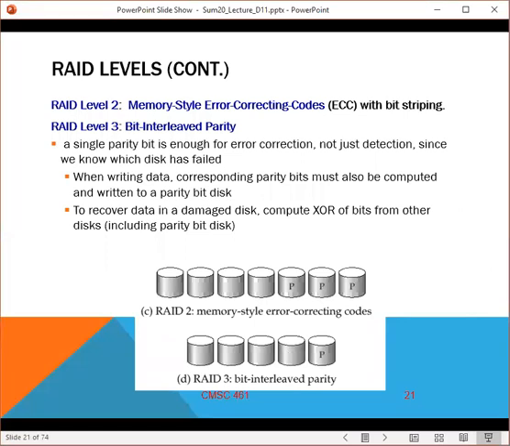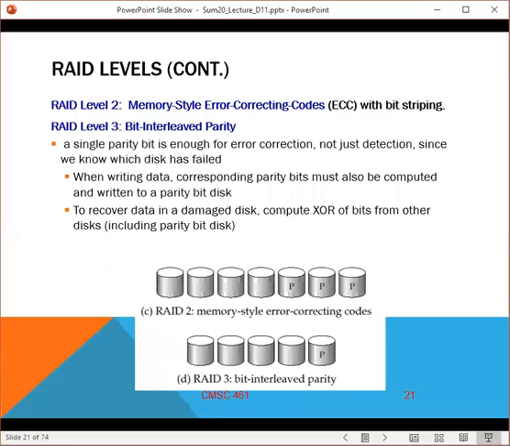So the other RAID levels, 2 and 3, employ multiple synchronized disk drives, and that is the spindles on the different drives are synchronized so that sector I passes under the read-write head of each of the disks at the same time.